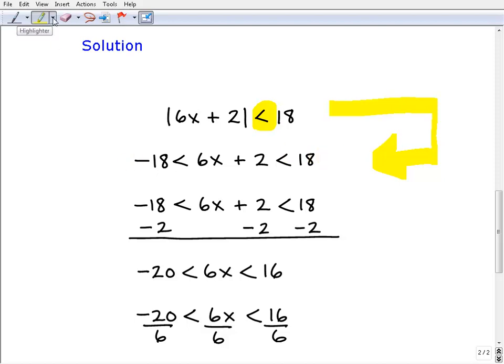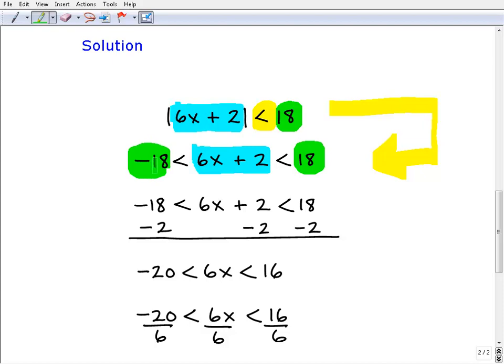We take what's inside the absolute value function and put it in the center, and then we take the positive and negative version of this number, in this case 18, and surround it in this manner. So we have 6x plus 2 surrounded by a positive 18, and then a negative version of that number on this side of the inequality. And you can see that the inequality symbols are still less than.